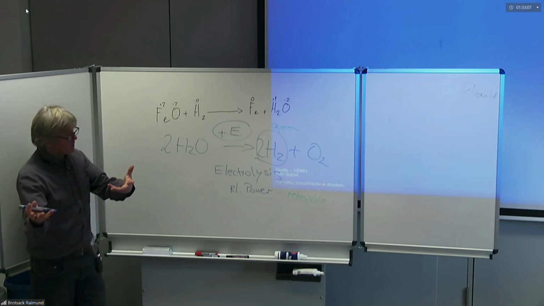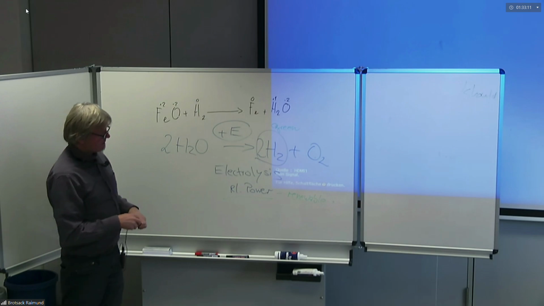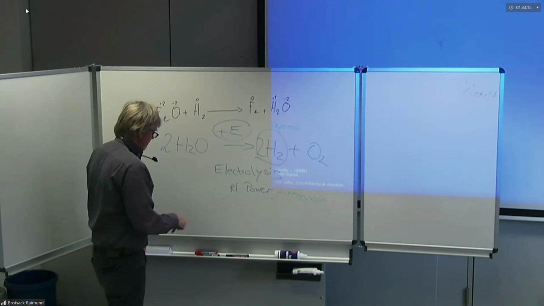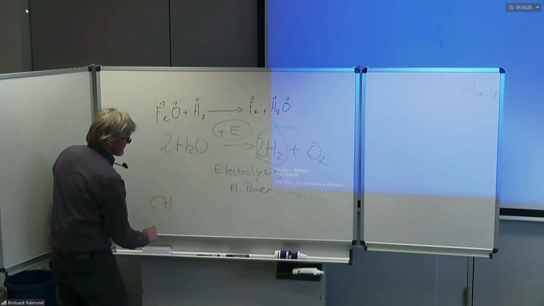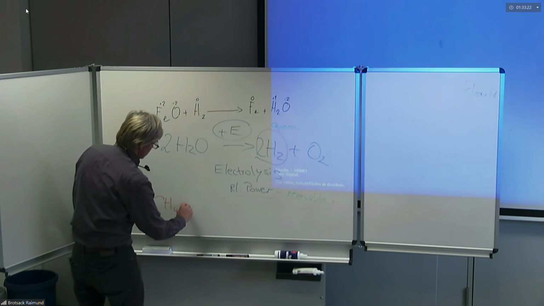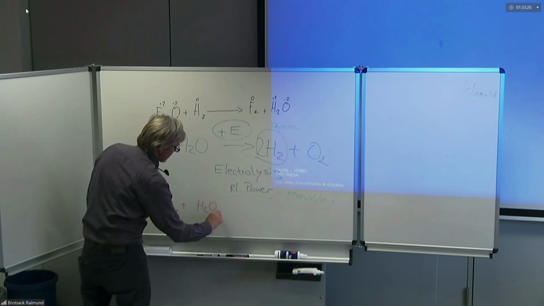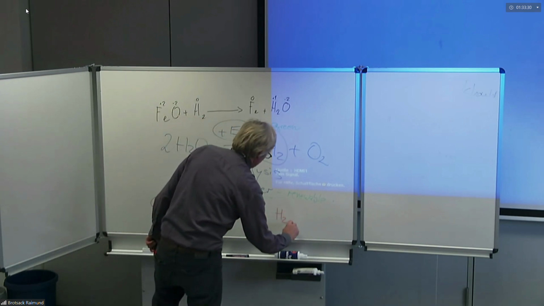When you use a fossil like methane, you can create hydrogen out of methane, for example, but that's not renewable. We call it steam reforming. With H2O, steam, you can create hydrogen and CO2.